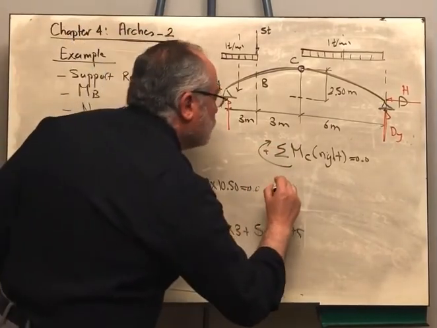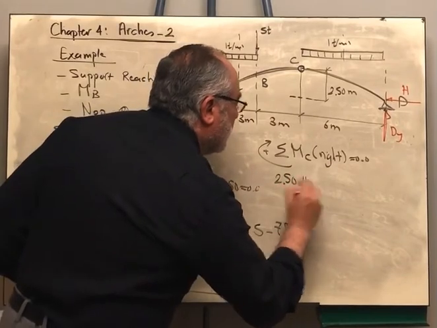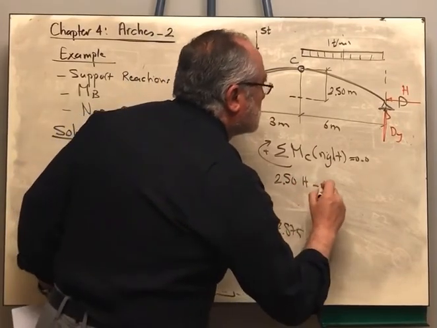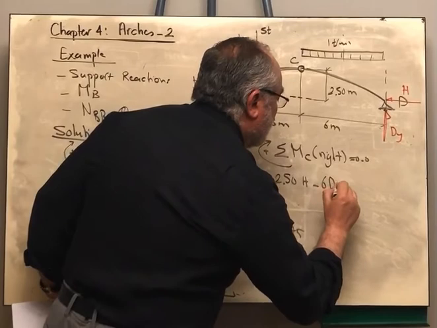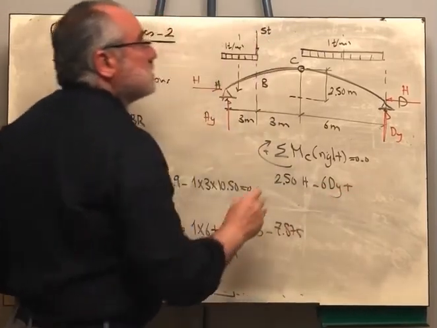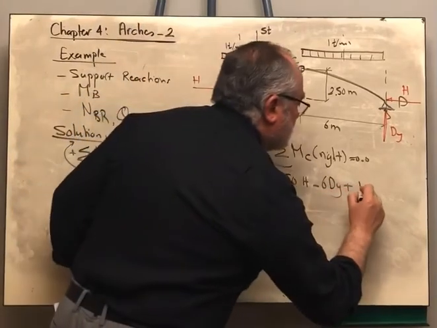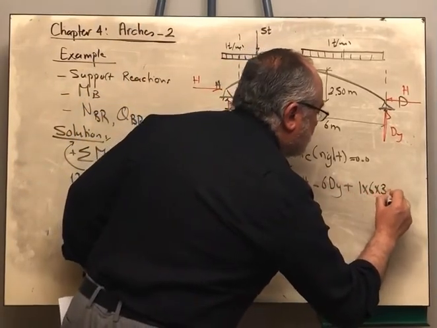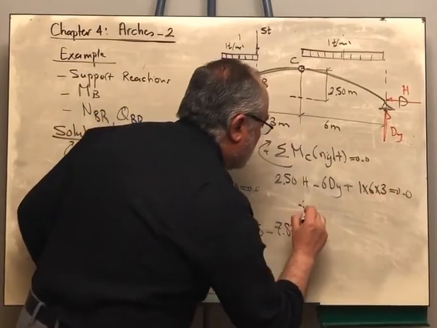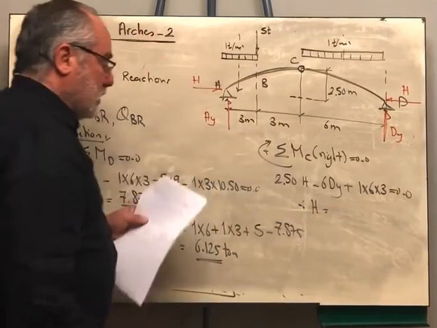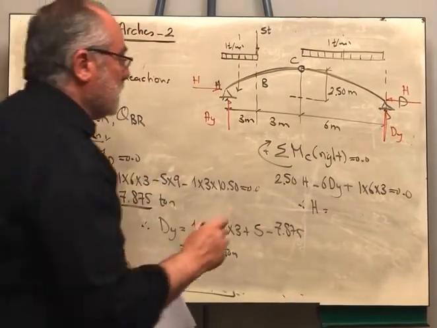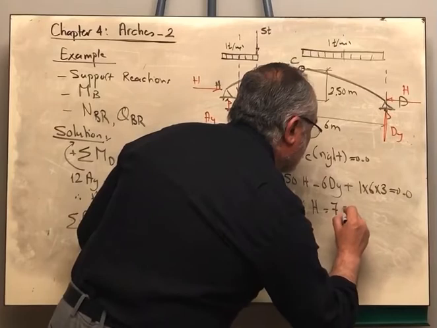Then I am having 2.5 H minus 6 DY plus the moment caused by the distributed load, 1 by 6 by 3, equals 0. From there, the value of H will be equal to 7.5 tons.